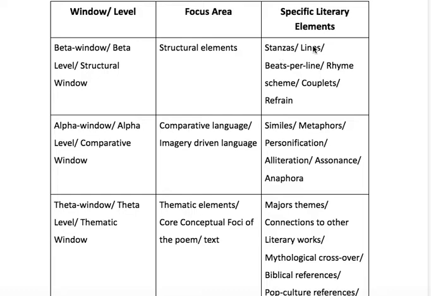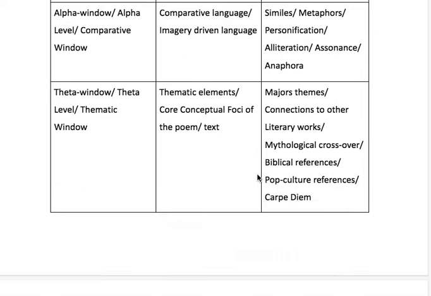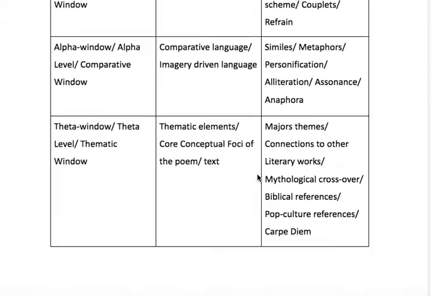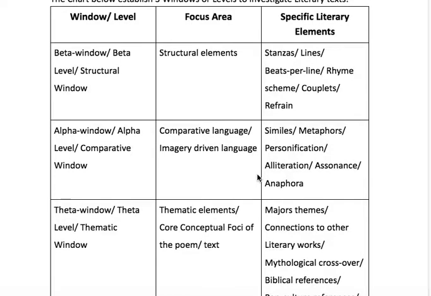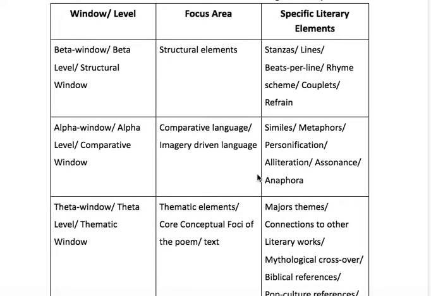So we've got stanzas, lines, beats per line, the rhyme scheme, couplets, and the concept or idea or technique of refrain. Now, all of these terms, we will define them a little bit more specifically in a second. So we will get into the details. This is just a framework to set up the areas. So that's the beta window.